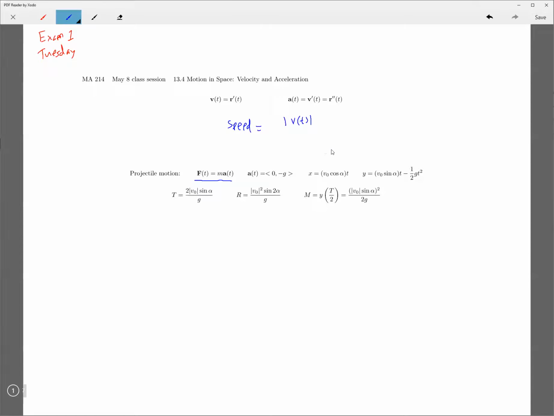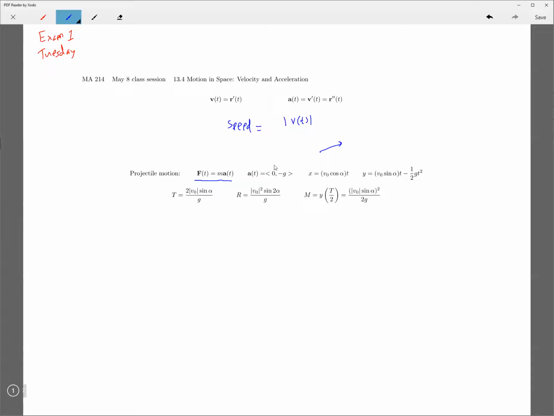But if your object is going this way, the gravity does not act in a horizontal manner. It's only acting vertically. Okay, so it's only pulling the object down. It doesn't have any effect on the x.